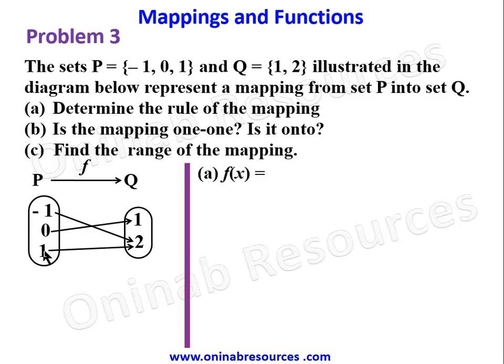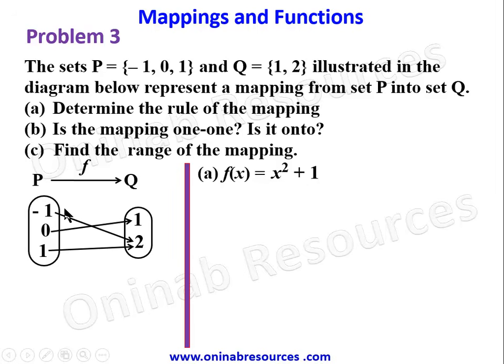So this is a hint. Then we look at it: -1 squared plus 1 will give us 2. Wow. And 1 squared plus 1 will give us 2. And when x is 0 here, 0 squared plus 1 will give 1. Oh, we are there. So the rule is x squared plus 1.